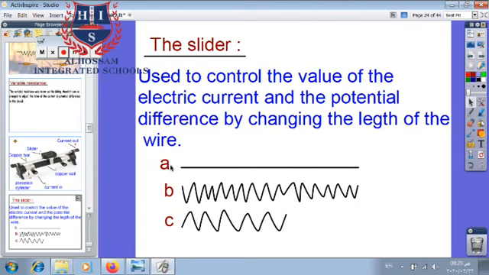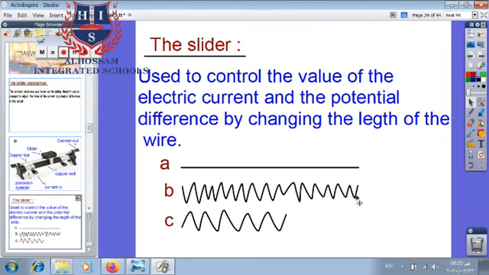A or B or C? Imagine that you are walking in these three ways. You will find more resistance in which way? Of course B, because it is not a straight line, it is a zigzag line, and it is the longest one. So the resistance here is maximum.